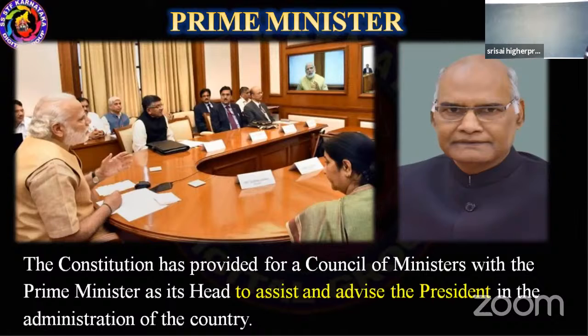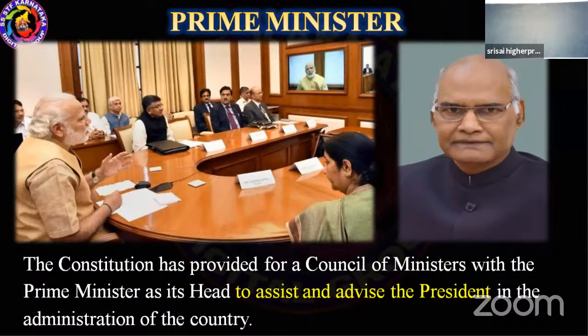as their leader. For example, in the last election, the present ruling party, the BJP, secured many seats out of 545, and they selected Narendra Modi as their leader.